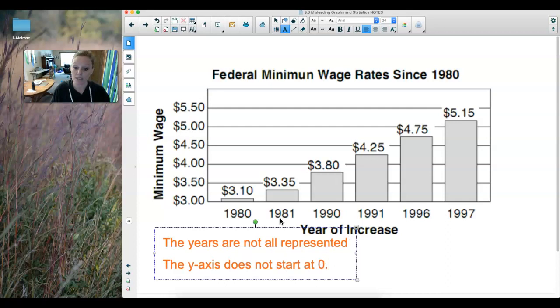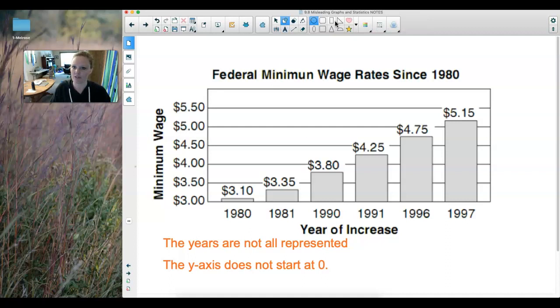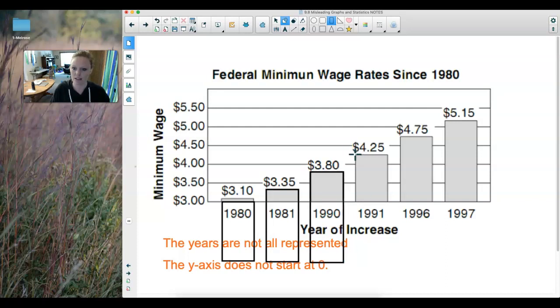Okay, now the reason that's important is because it's starting at $3 instead of at $0. And if it were to start at $0, our graph would look very, very different. Okay, that would mean we'd have these bars that probably go down this far. So this one would go all the way down to here, and this one would go all the way down to here, and so on.